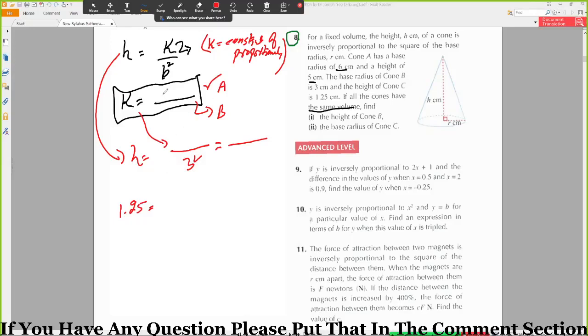So your K value will be equal to 180. Here you will put 180 divided by R squared. So your R squared will be equal to 180 divided by 1.25, that's equal to 144. So your R squared is equal to 144. So how will you find R instead of R squared, because the question is to find the base radius?